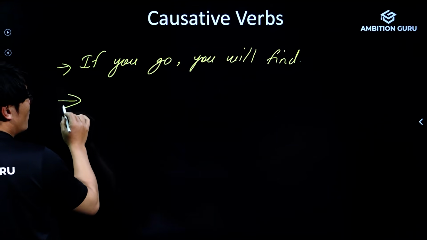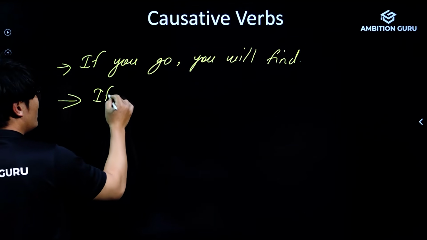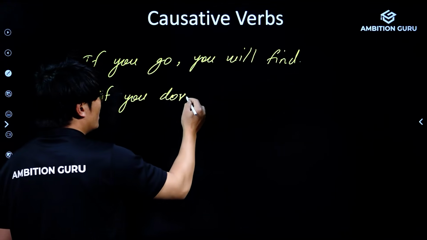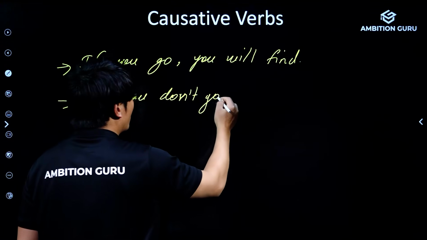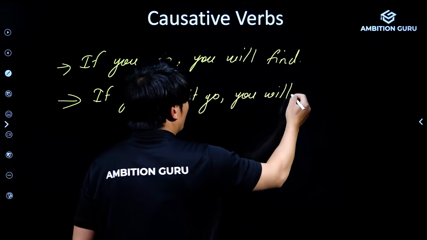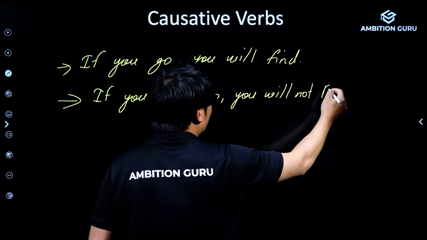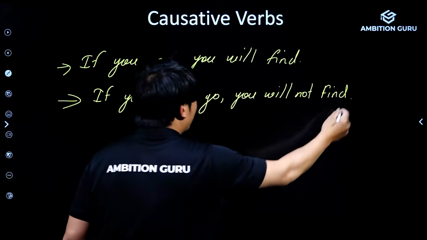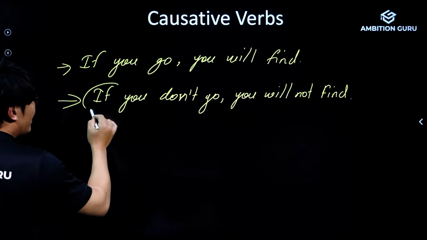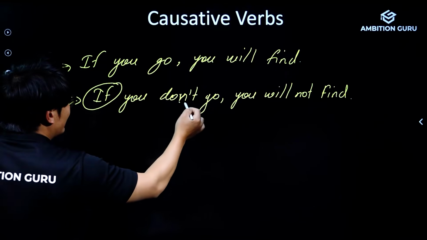It has two methods. One method is: if you don't go, you will not find. The next method is to change this if, and you don't need to write not.